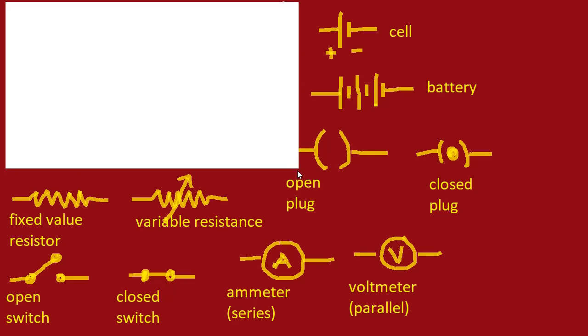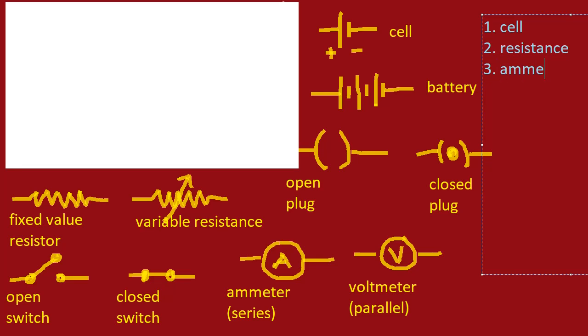So we'll take a quick look at it. Now suppose we want a circuit in which we have a cell, right, and we need a resistance of fixed value, and we want an ammeter to measure the current.